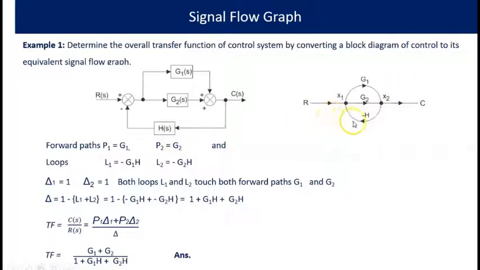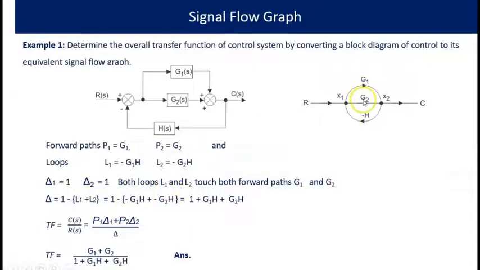Now, in order to find the transfer function, first identify the forward paths, that is P1 is equal to G1 and P2 is G2, two forward paths, and the loops are G2 times minus H and G1 times minus H, two loops. Delta 1 and delta 2 both are equal to 1.